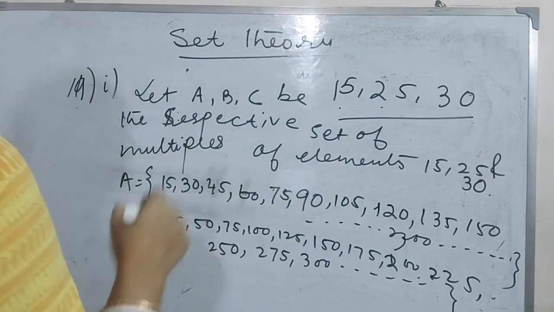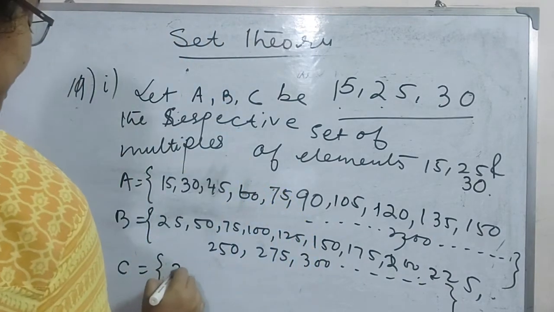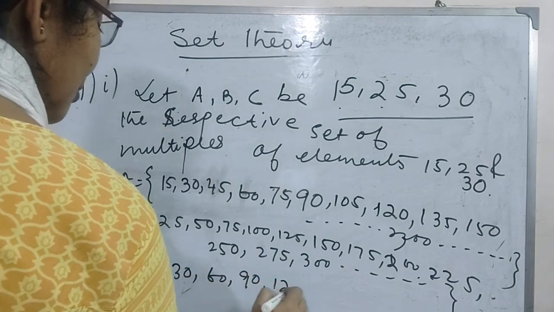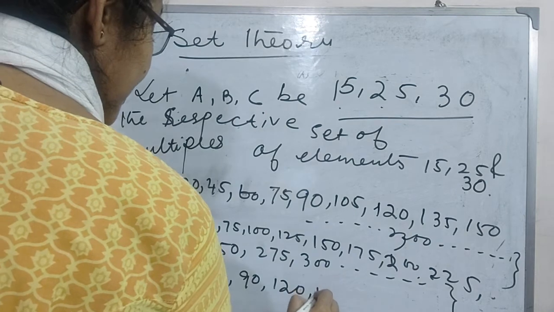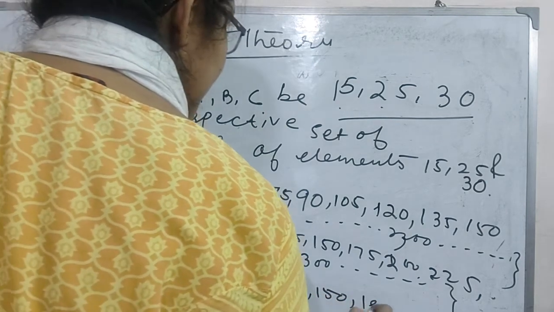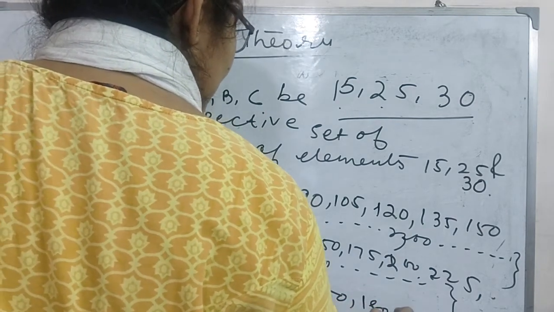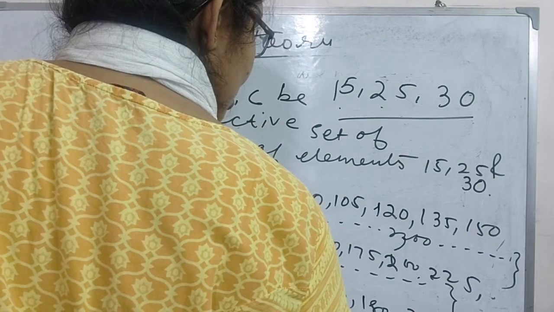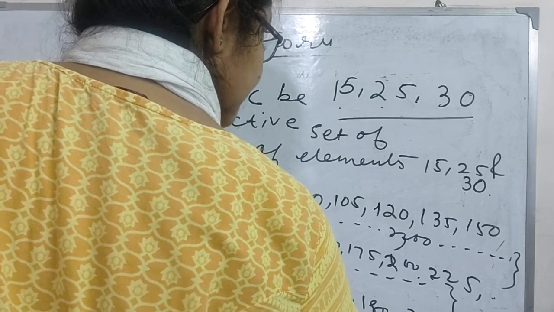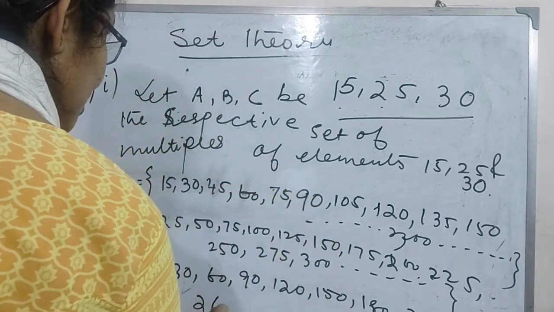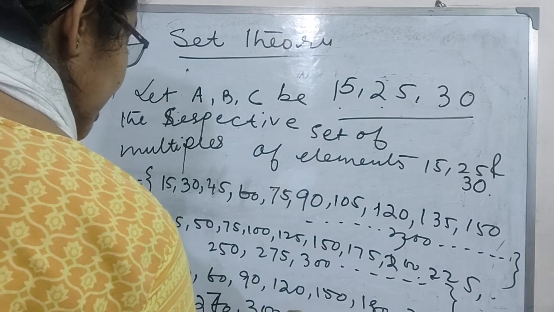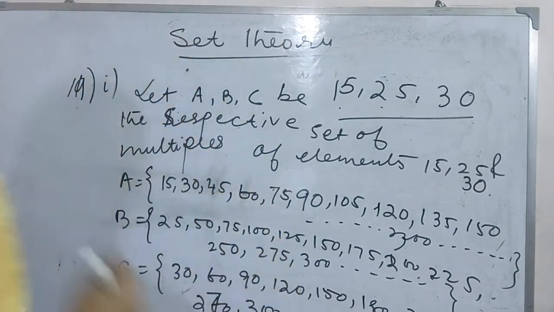C equals multiples of 30, that is 30, 60, 90, 120, 150, 180, 210, 240, 270, 300 and so on.